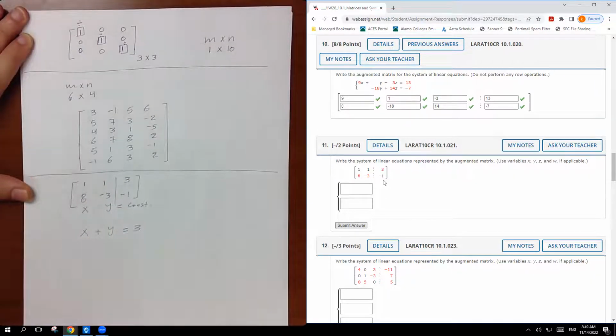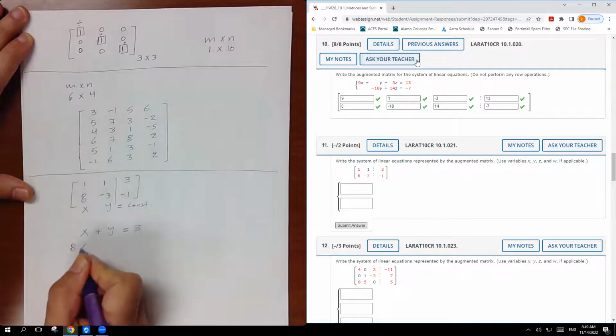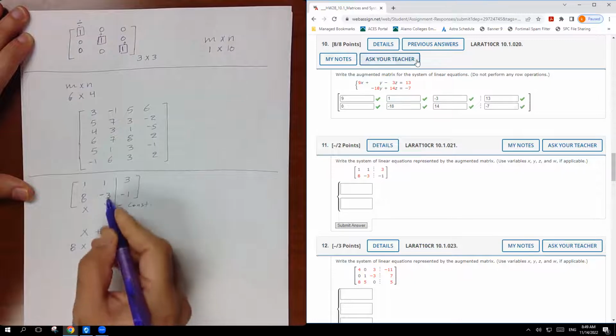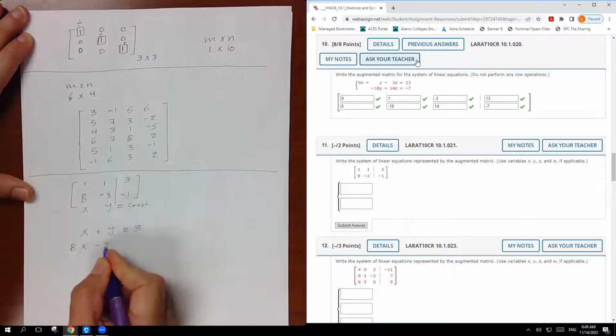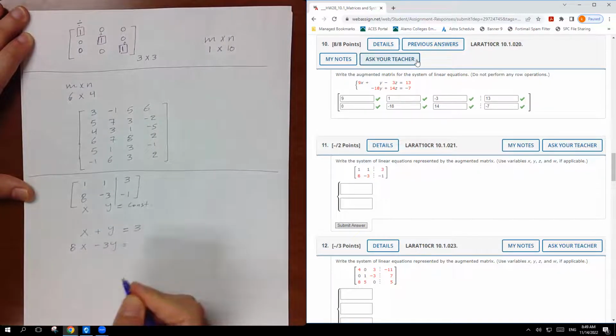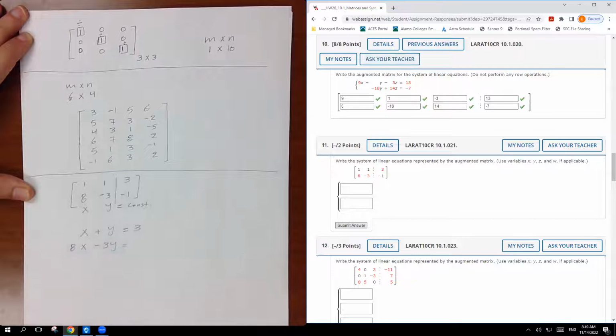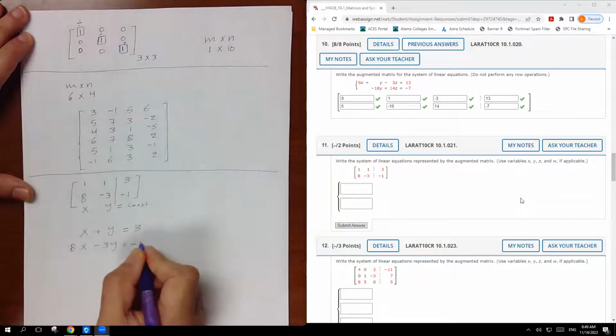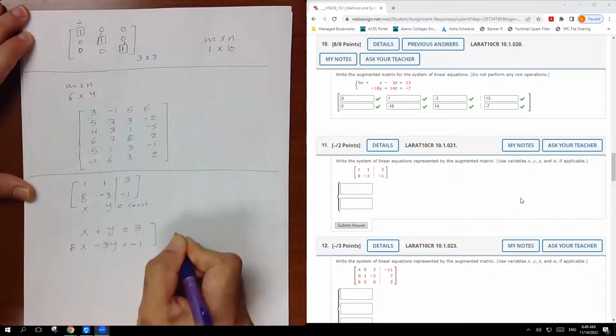The second equation is going to be 8x minus 3y equal, the number by itself on the other side, negative 1. So this is the system.